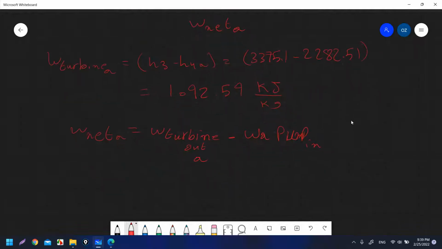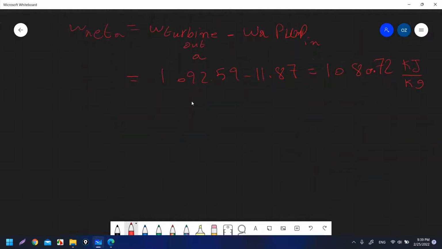Let's substitute 1092.59 minus 11.87, and this will give me 1080.72 kilojoule per kilogram.